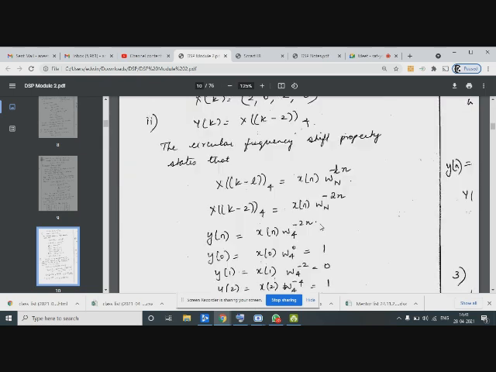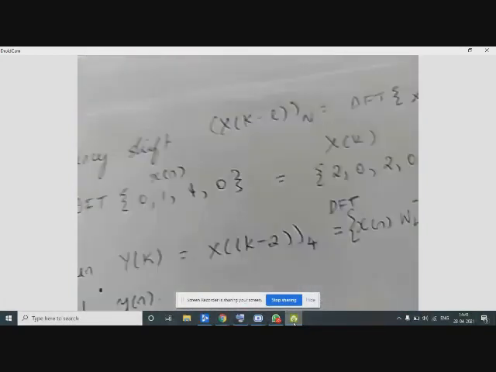Okay, so next is frequency shift. This I will show you if you are not understanding. Let me open this one. See, it is frequency shift.